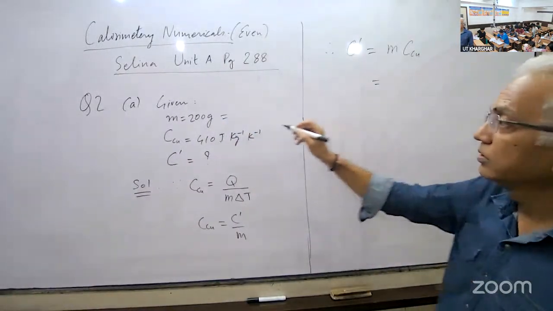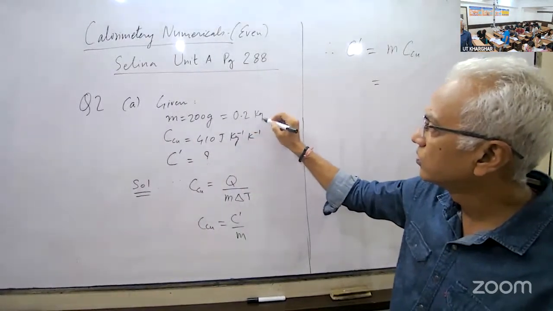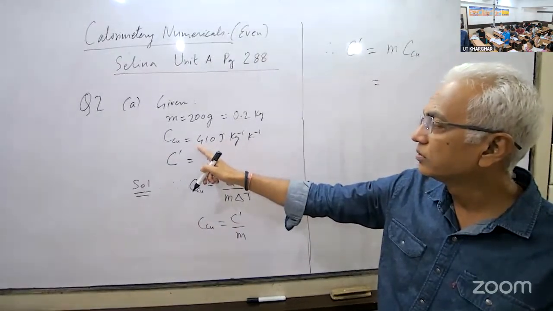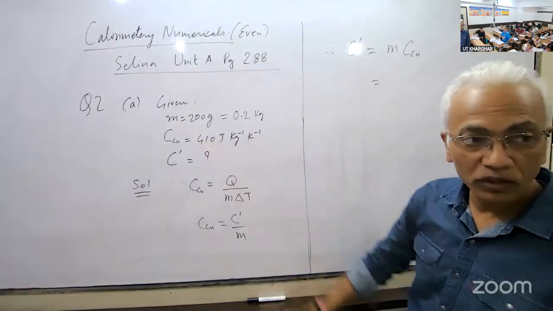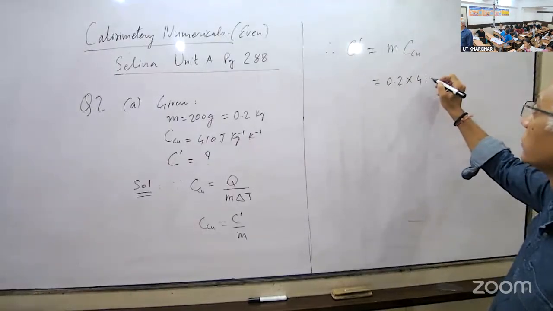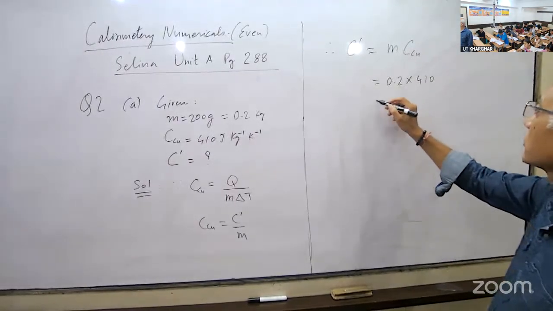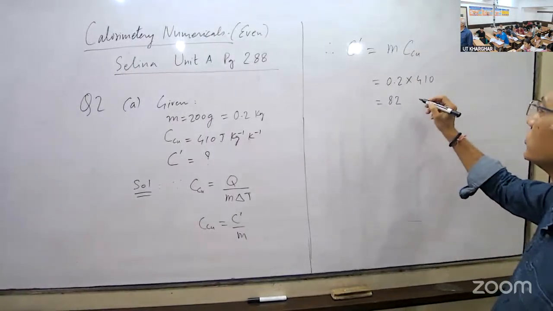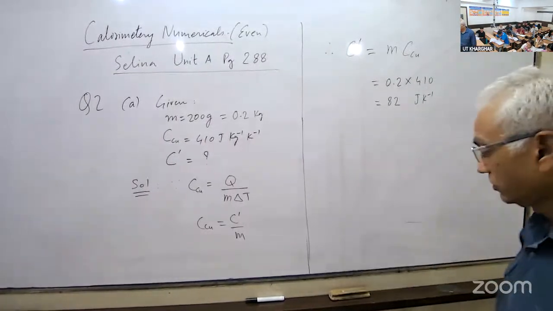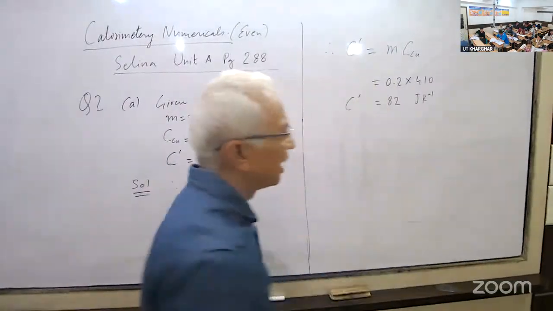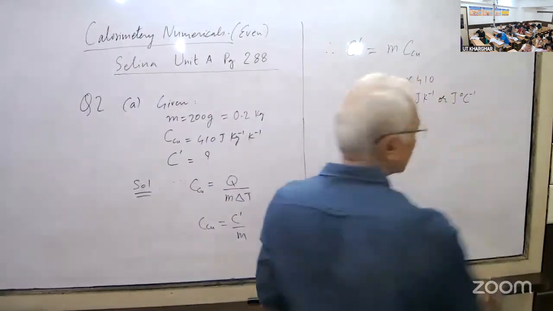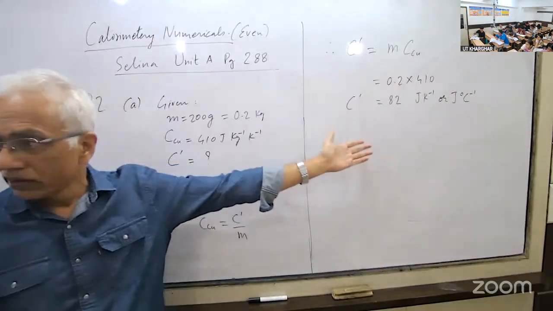So you can make it 0.2 kg, and 0.41 for the specific heat. So this becomes 82 joules per, either joules per Kelvin or joules per degree Celsius. You can write any unit, both are the same.